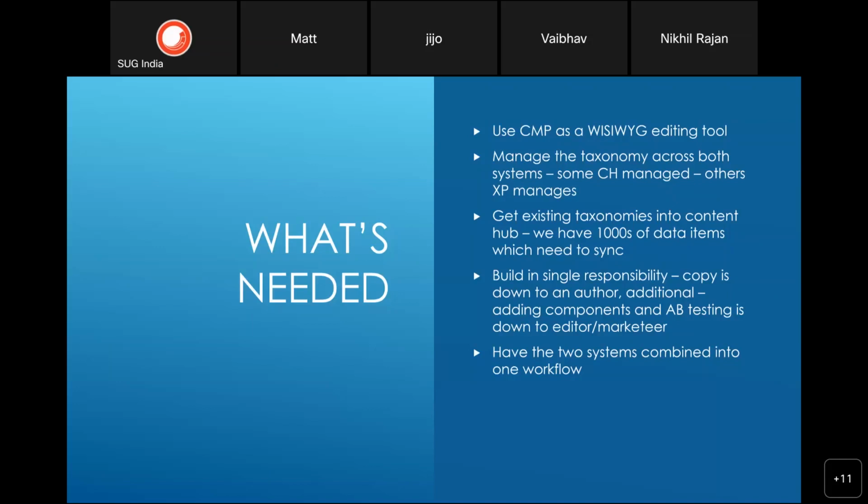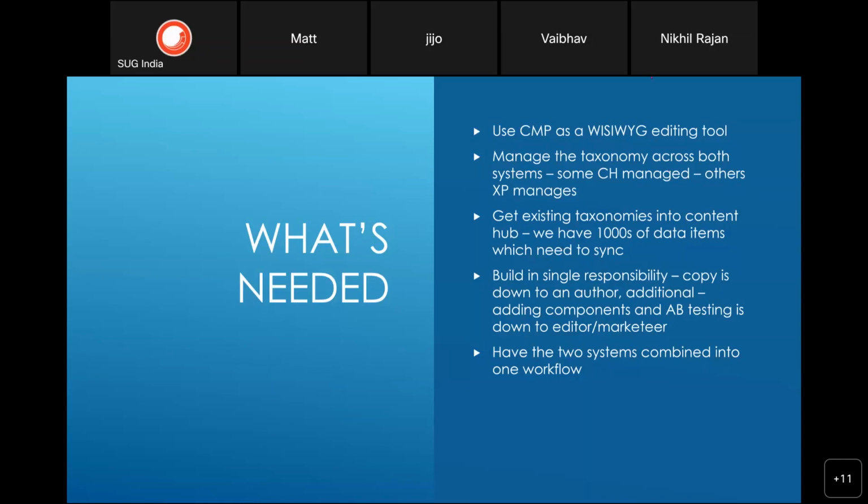We spent days and days making sure everything worked and was linked up together. What we needed was to get all this data into Content Hub, which also supports taxonomies and so on. But we had to link these two things together. So we had to move thousands of data items from Sitecore into Content Hub, and have those two things synced.